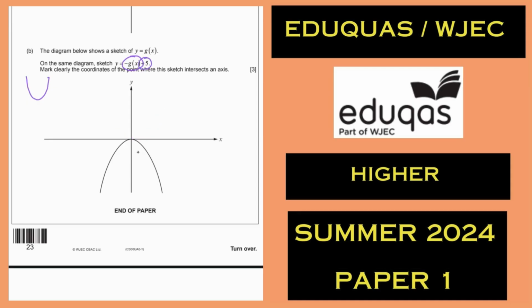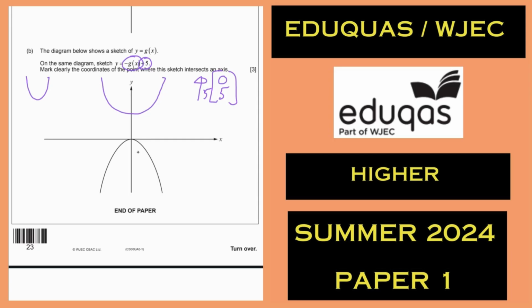But we've got a +5 in the end. And unlike part A, a +5 on the end is a translation, but it's vertical. It's moving it up 5. So flip this upside down, moving it up 5.